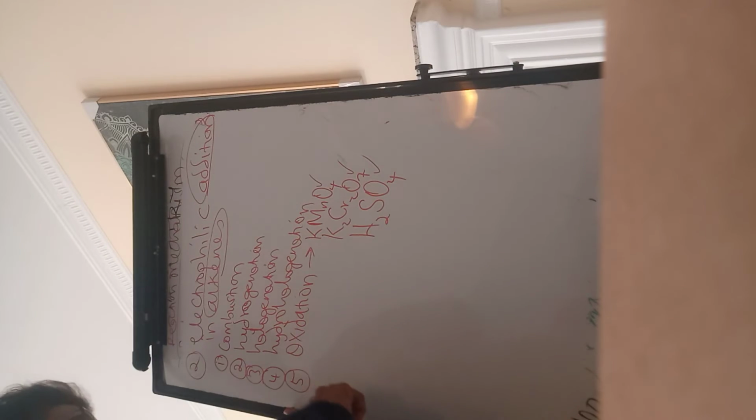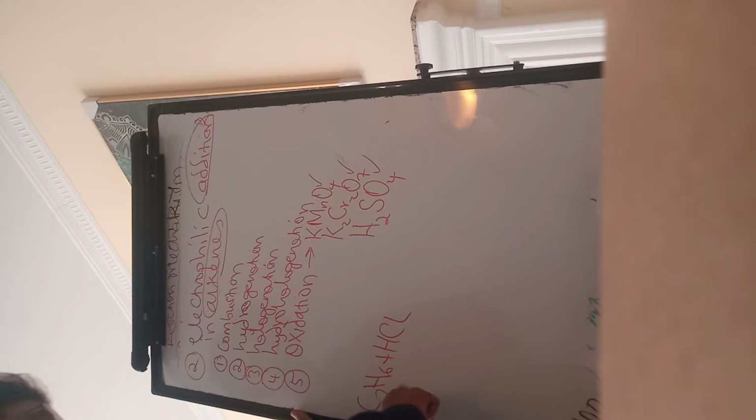Use ethene and HCl. This is hydrohalogenation. Yes. It's not O. It is an alkyl. So how is it hydrohalogenation?